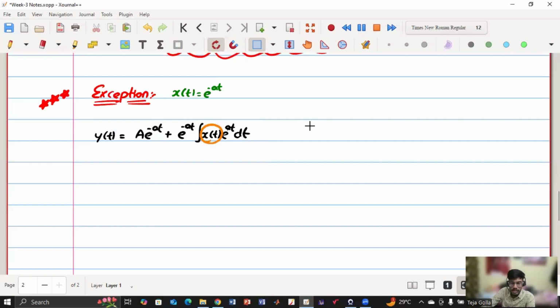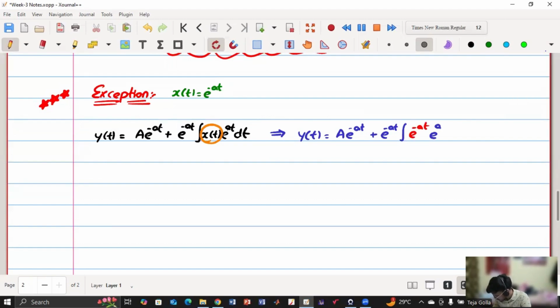Let us put e to the power minus 80. If you put e to the power minus 80, then what happens to the integral, the second term? It becomes e to the power minus 80 into e to the power 80 dt, right?